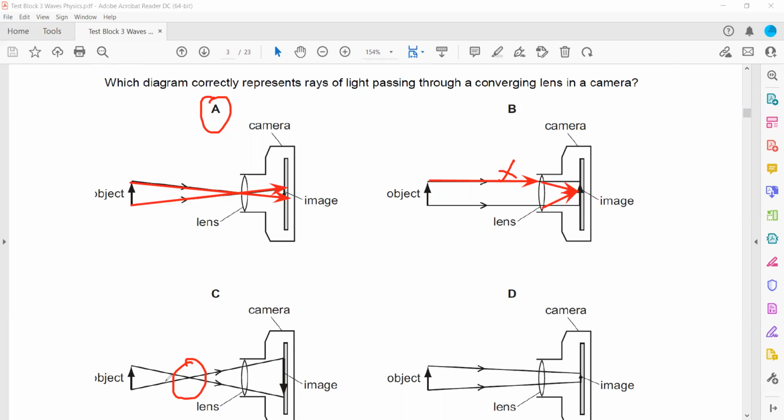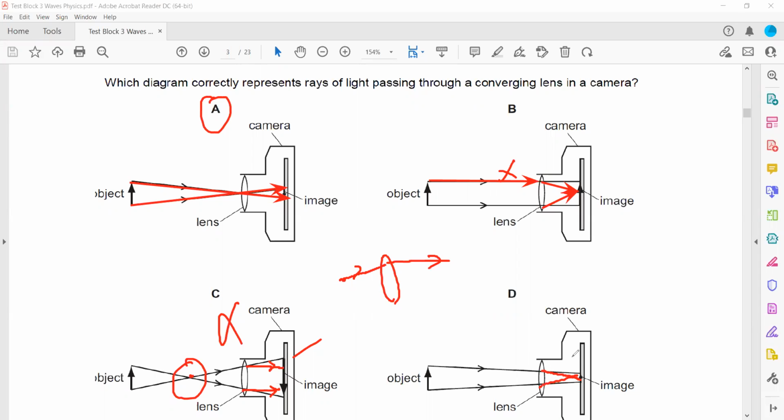And another thing, when the ray is passing through the focus, it should go parallel. That is a second mistake, so C is also wrong. What about D? In D, the light should change direction.